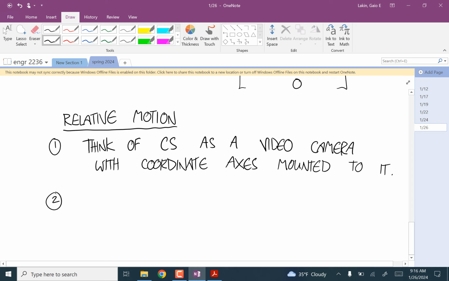Second, remember that there are 2 ways to make it so you can't use Newton's laws from a coordinate system. So that means 2 ways to make a coordinate system non-inertial. Inertial coordinate systems are what you need for Newton's laws.